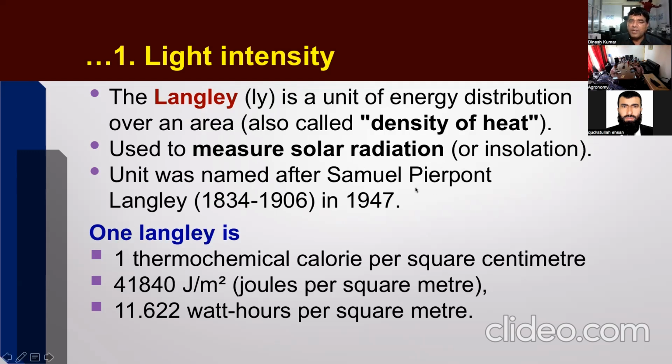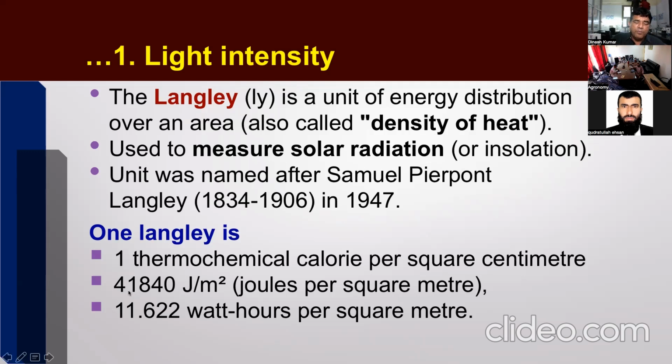The unit was named after Samuel Pierpont Langley, in 1947. One Langley is 1 thermochemical calorie per square centimeter of land surface or plant surface or any surface that is receiving the solar radiation.